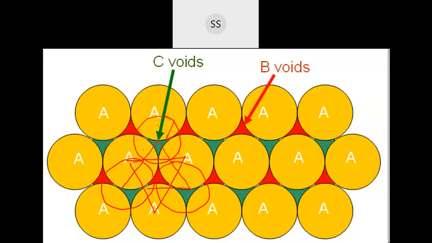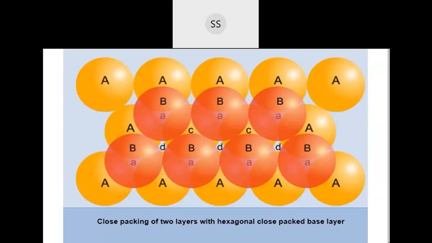I've joined the red ones together. So when you see these three base atoms and the three top ones, you get another kind of void. The red color one is one kind of void and the green color one is another kind. The red ones which are formed just now have an octahedral shape, so it is called an octahedral void.